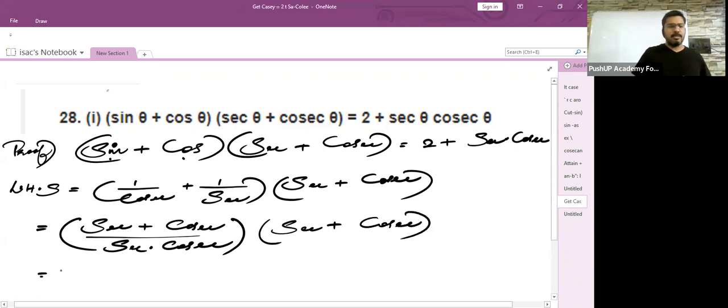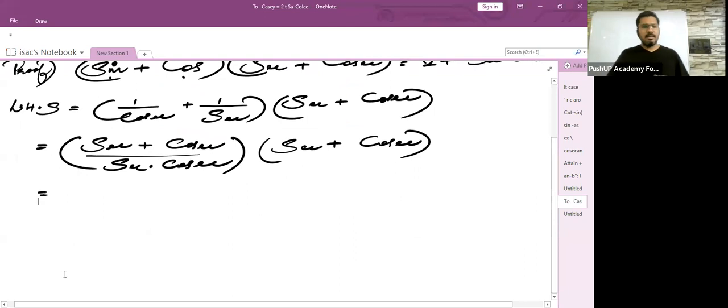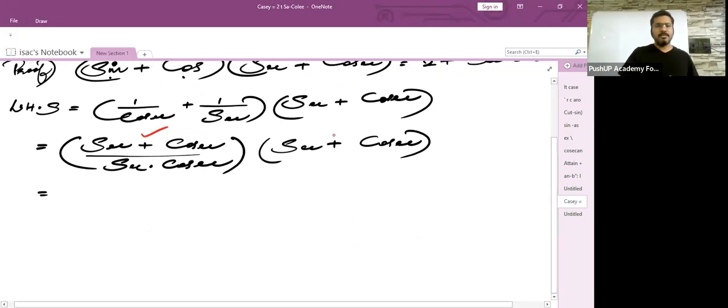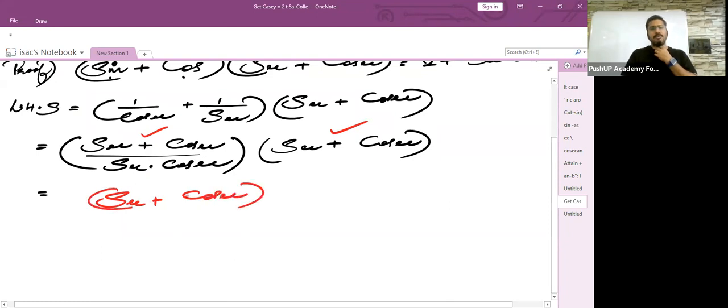Children, you could have multiplied sec plus cosec with sec plus cosec. So what you're getting is sec plus cosec, the whole square, divided by sec into cosec.